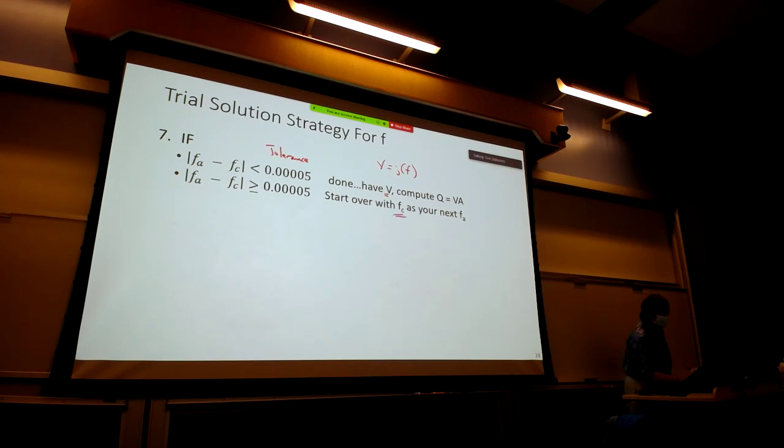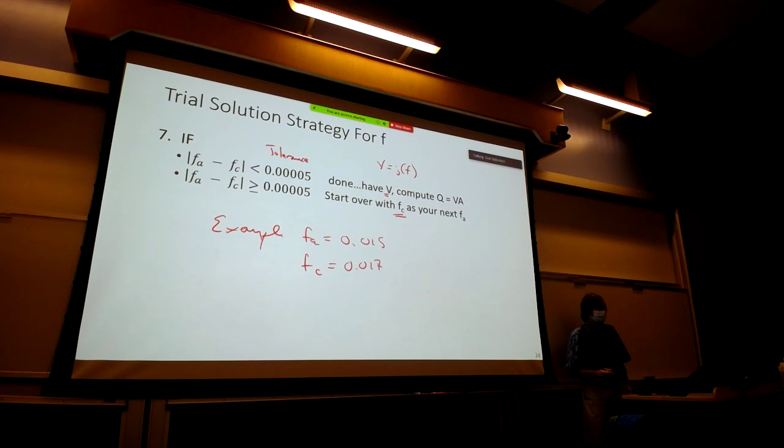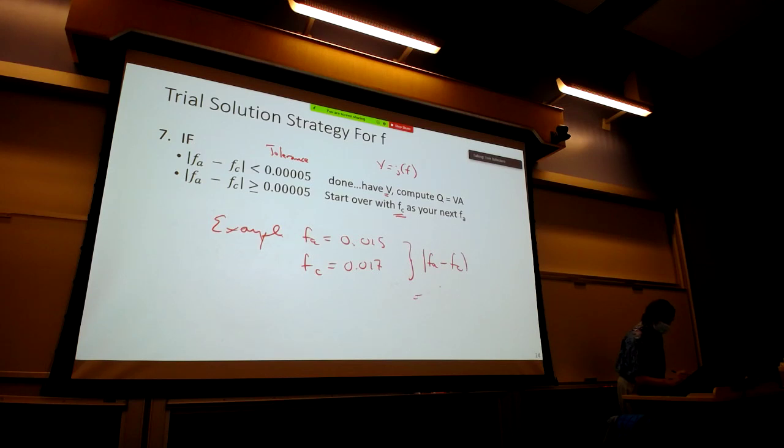Your next best guess is what you just computed for the friction factor. So for example, let's say you assume the friction factor of 0.015. You computed a friction factor of 0.017. That means the absolute value of FA minus FC is equal to 0.015 minus 0.017, which is 0.002.